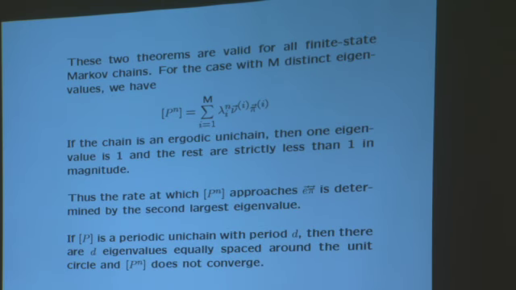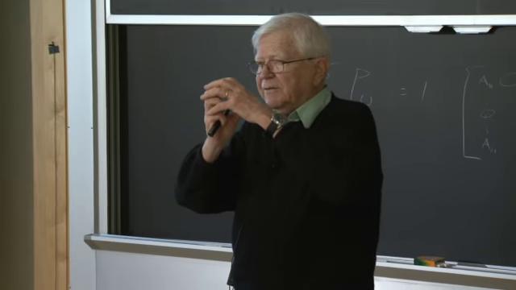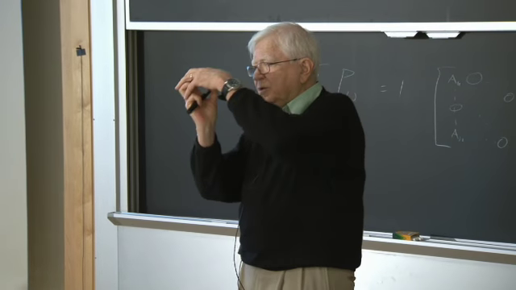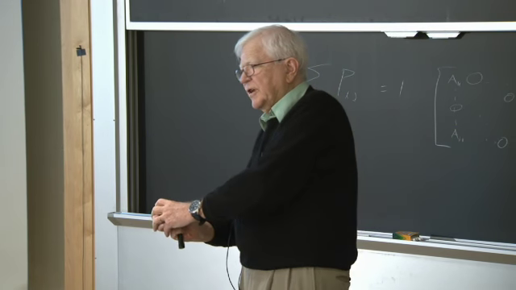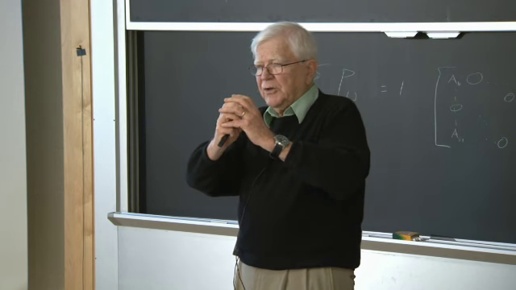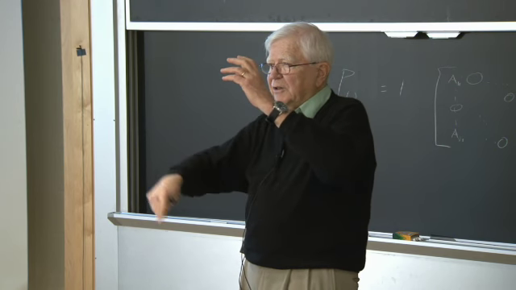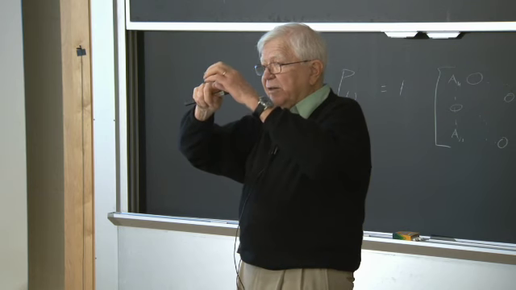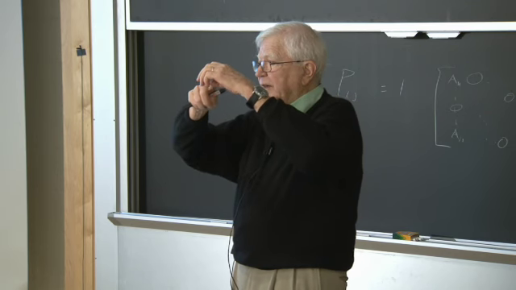And you can imagine what happens without doing any analysis. We know that in a periodic chain you rotate from one set of states to another set of states, and then back to the set of states you started with, and you keep rotating around. Now, there are d sets of states going around here.